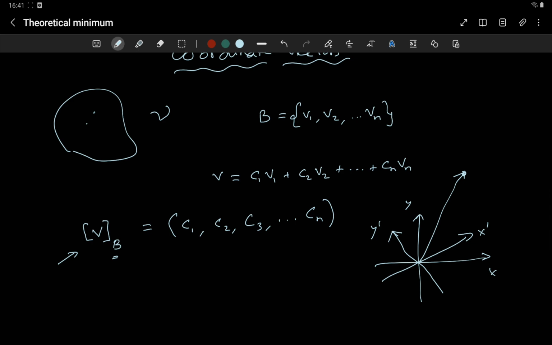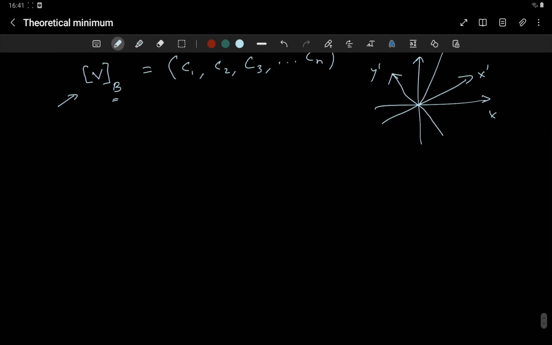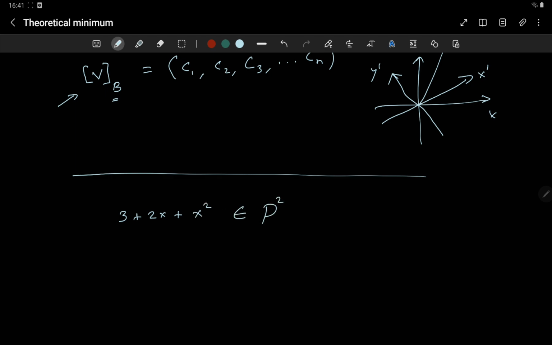Okay, now let's see some examples. Let's say a polynomial 3 plus 2x plus x square, which belongs to the polynomials of order at most 2, right? Now let's say the basis set is 1, x, x square.